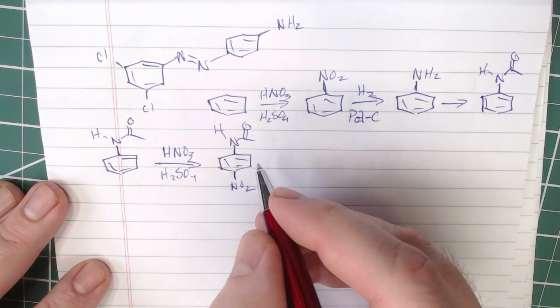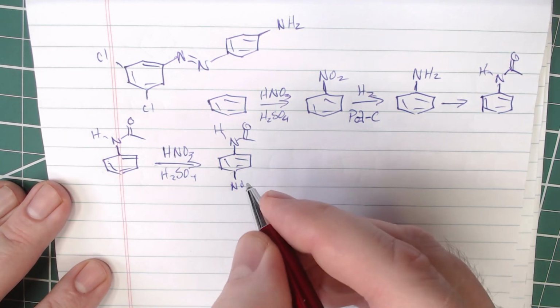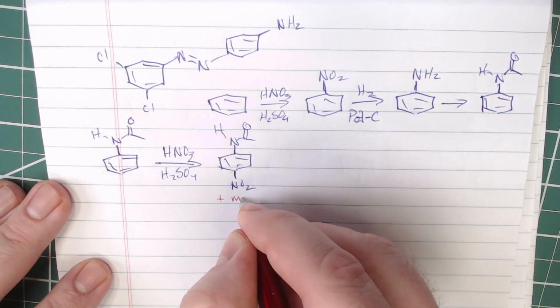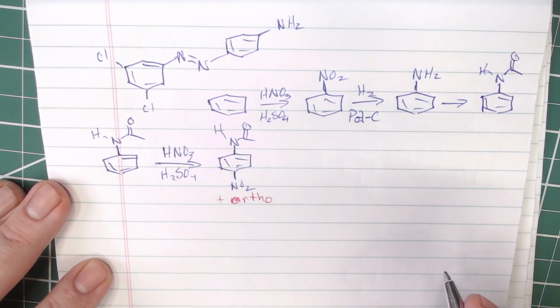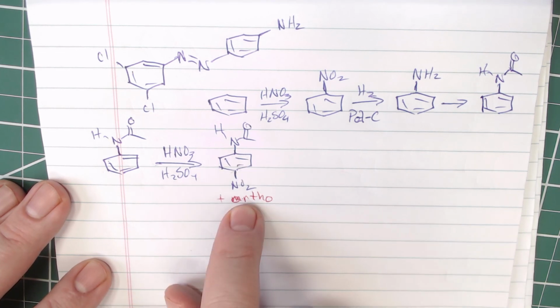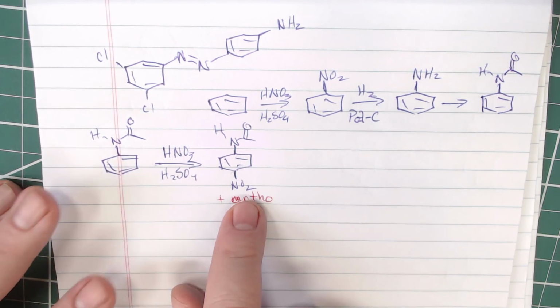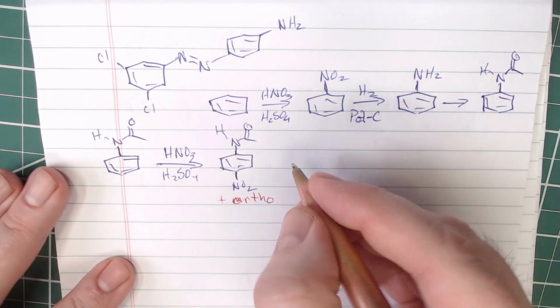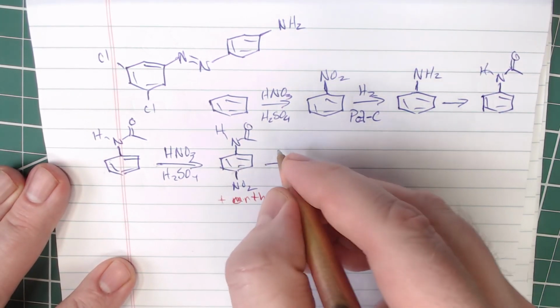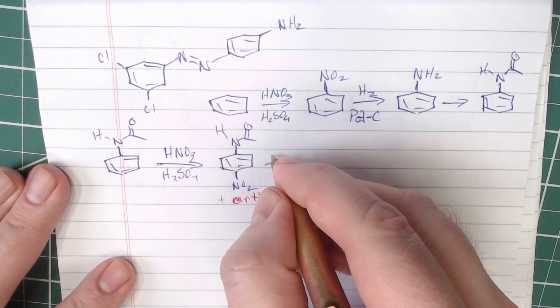So I'm going to put plus meta. Not meta, plus ortho is what I meant to say, plus ortho. So we're going to get plus the ortho. That means we'd need to do some separation here. No big deal.